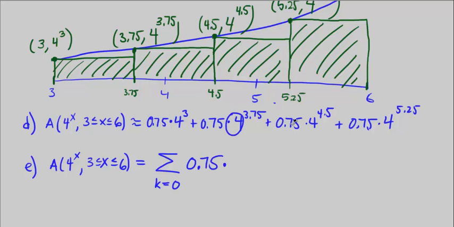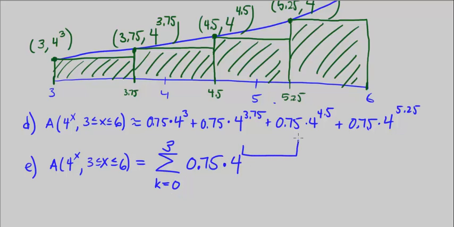Times 4 stays the same too, times 4 to the power of something, because that something is what changes each time. And I already know when we stop. If this is term 0, then this is term 1, this is term 2, this is term 3. So we're going from 0 to 3 here. The stop is 3 since we're starting at 0.